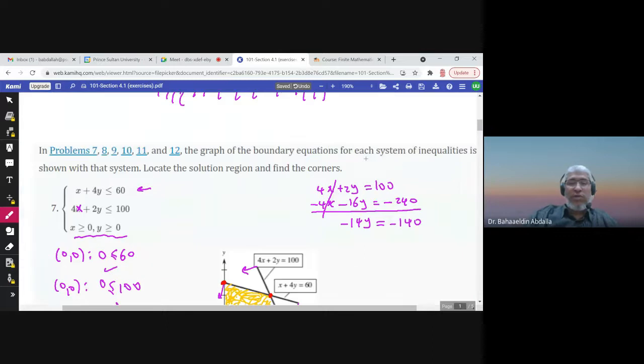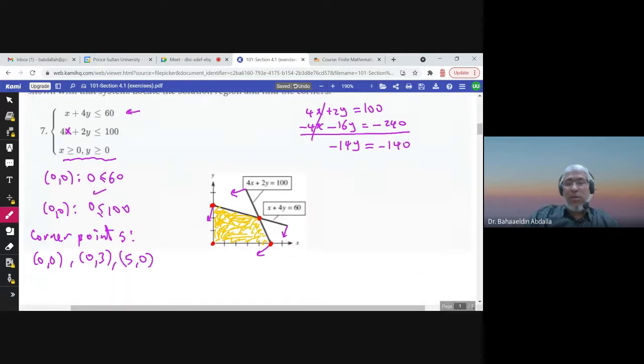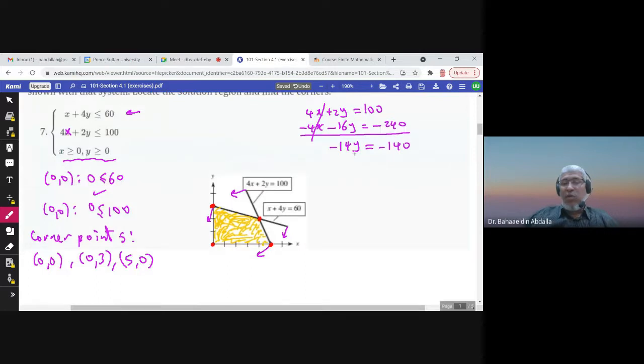So y would be 10. For 4x plus 2y equals 100, negative 4x, there is a mistake.